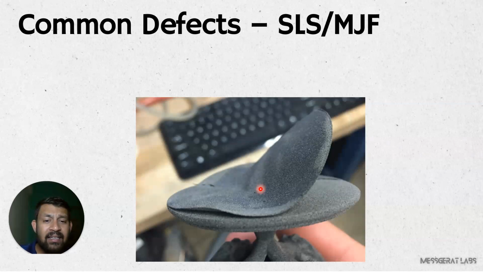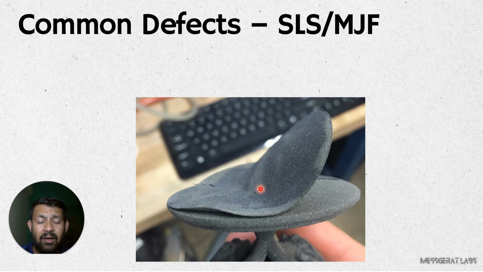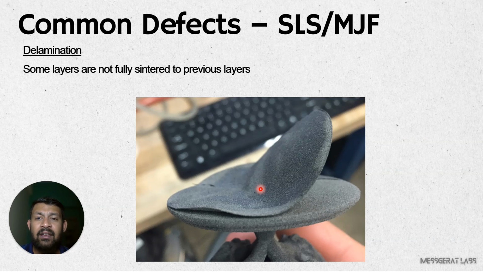Now let's talk about SLS and MJF. Again, this defect that you see is from SLS technology, and it is known as delamination. Now, delamination is again because of thermal stresses. When two layers are not sintered or adhered to each other, then because of the thermal stresses, when the stress is higher than the yield strength of the material, they tend to detach from each other, thus resulting in delamination.